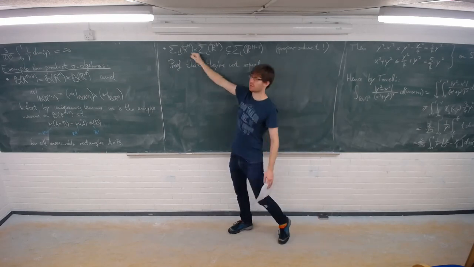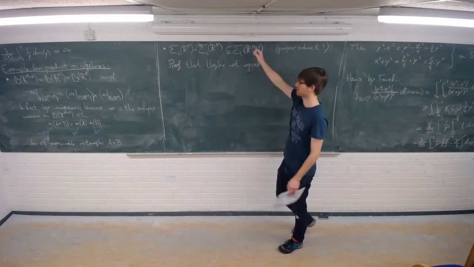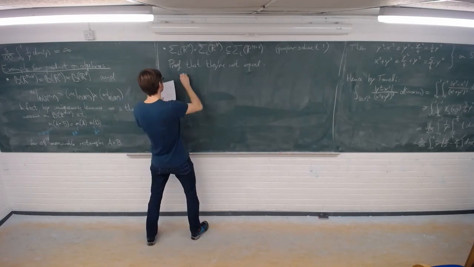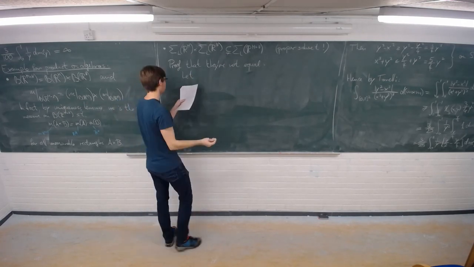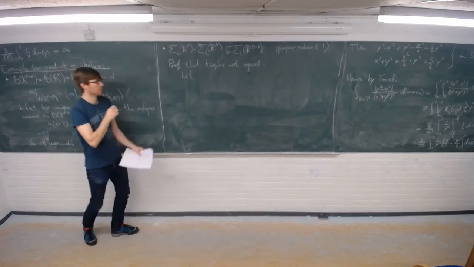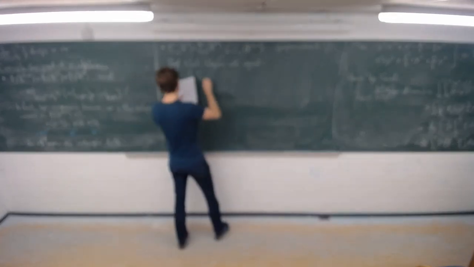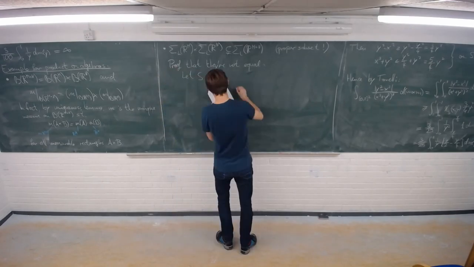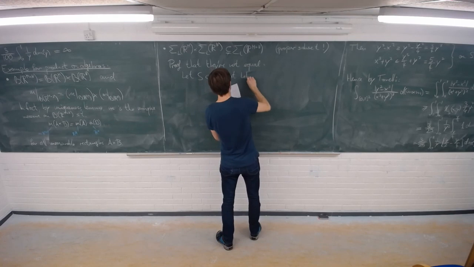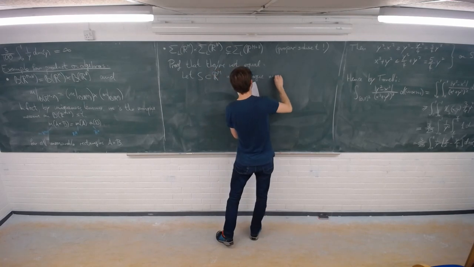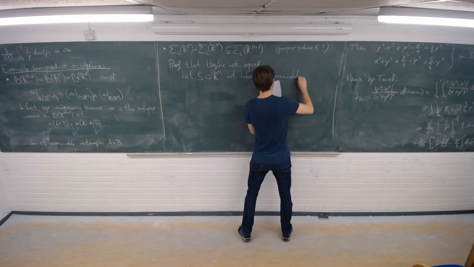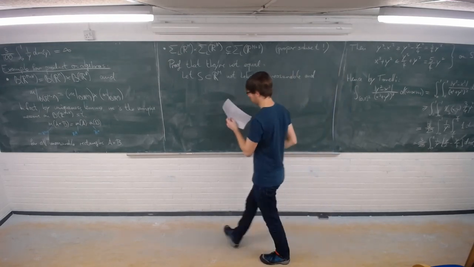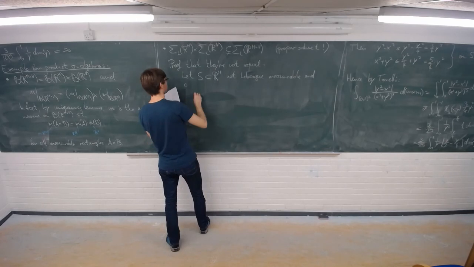And one can show that this left-hand side is not complete. So the right-hand side and the left-hand side must be different. And to show that this left-hand side is not complete, you can just do the following. You take a non-Lebesgue measurable set in Rm, and consider, for example, the following set.